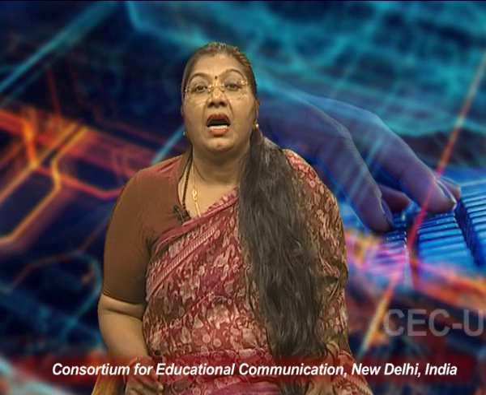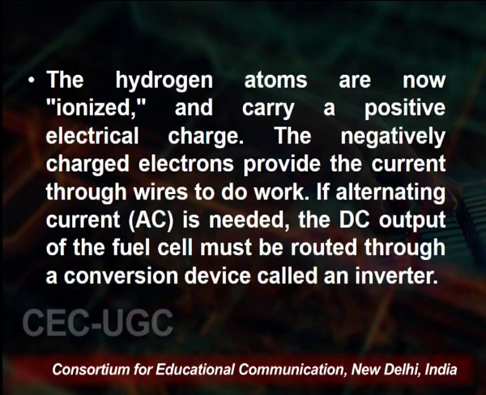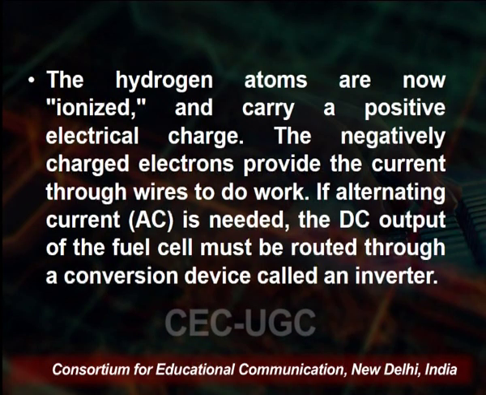So, there are several kinds of the fuel cell and each operates a bit differently, but in general terms, hydrogen atoms enter a fuel cell at the anode where the chemical reaction strips them of their electrons. So, hydrogen atoms are ionized and carry a positive electrical charge.